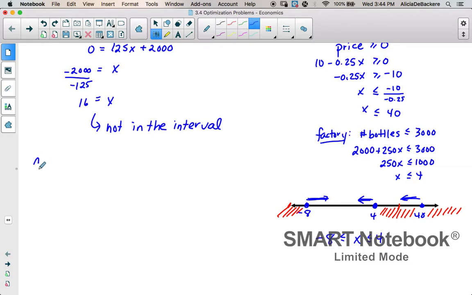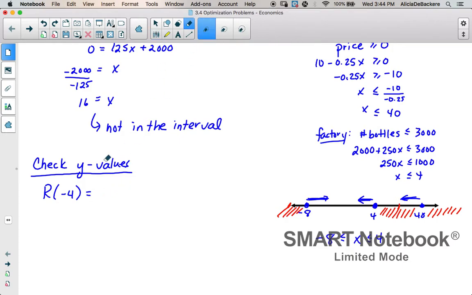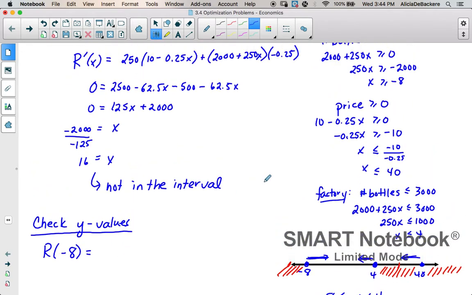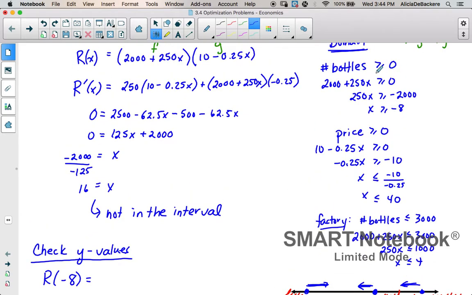So now I only have to check 2 y values. Oh, sorry, -8. So when I plug -8 into the equation, remember that came from making the number of bottles equal to 0.